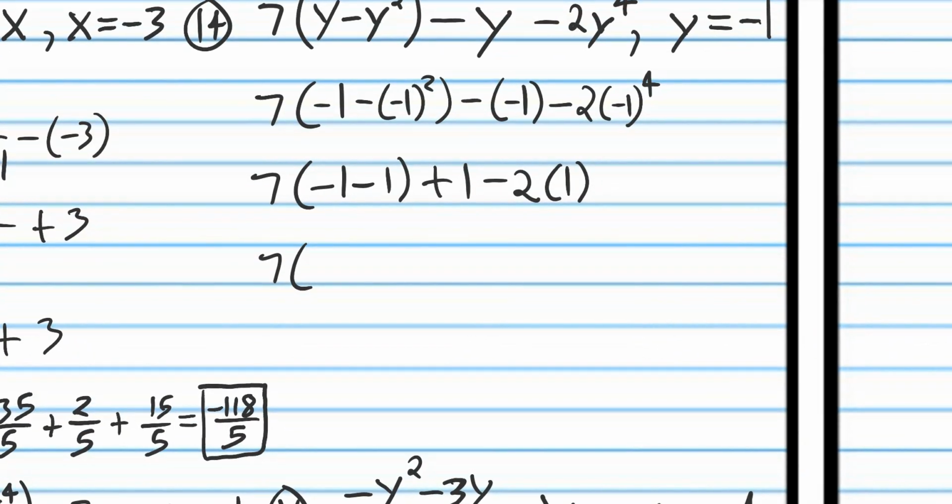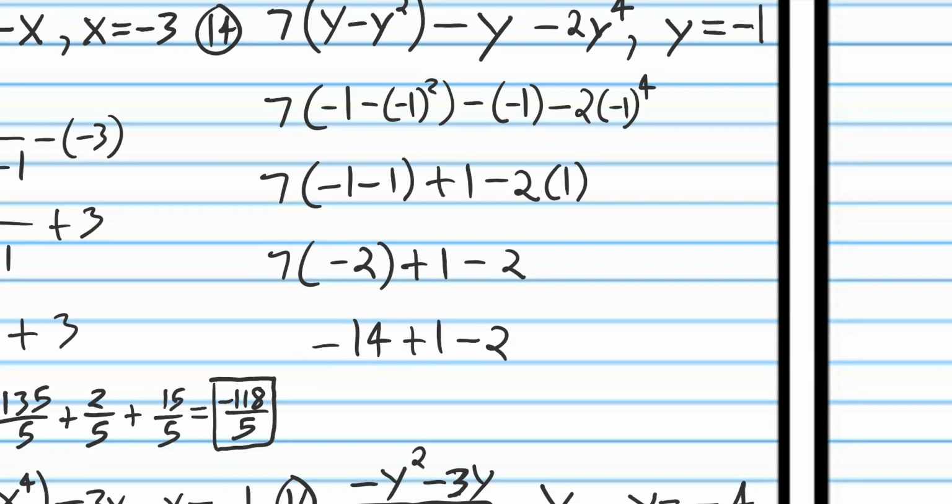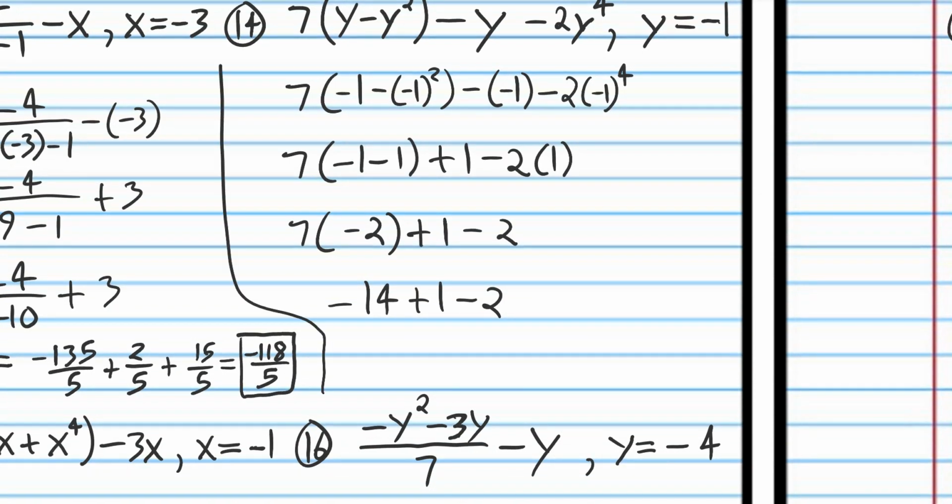So negative 1 minus 1 is negative 2. And negative 2 times 1 is negative 2. And 7 times negative 2 is negative 14. And now we just move left to right. Let's put a divider here.